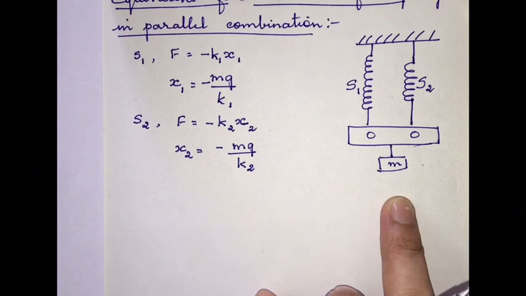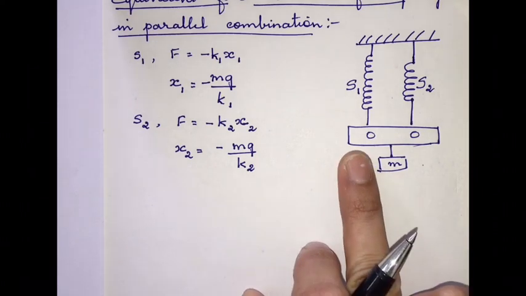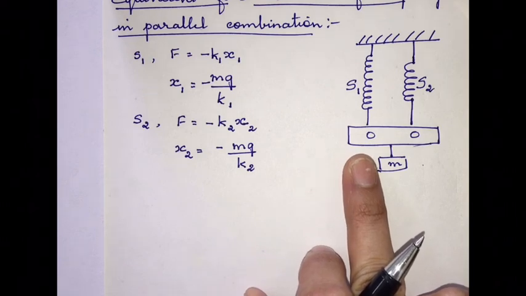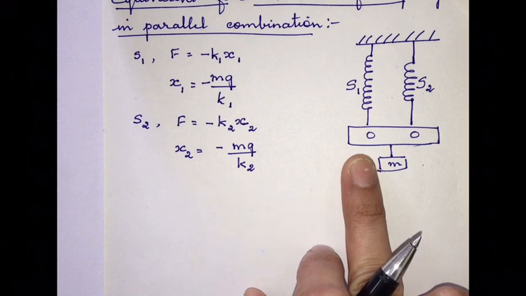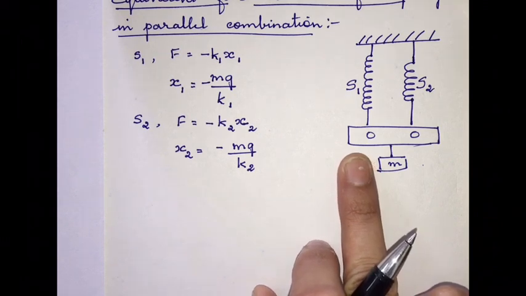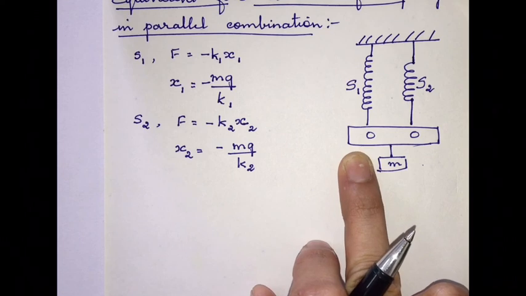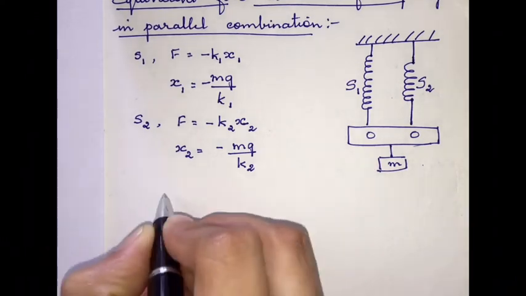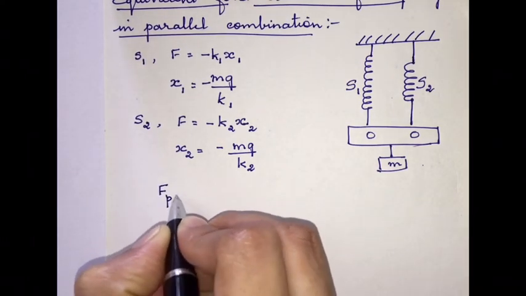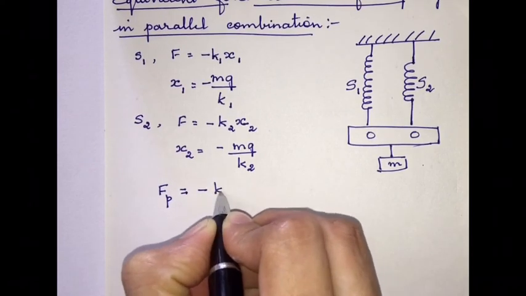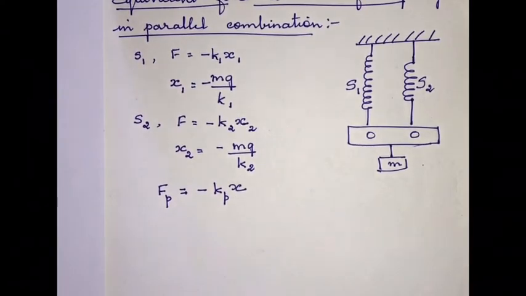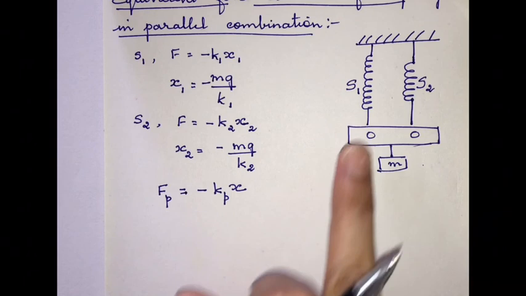And if I consider the restoring force acting on the support to be Fp, because I have put springs in parallel, and the equivalent force constant as Kp, then I can write the restoring force for the total parallel combination as Fp is equal to minus Kp into x.